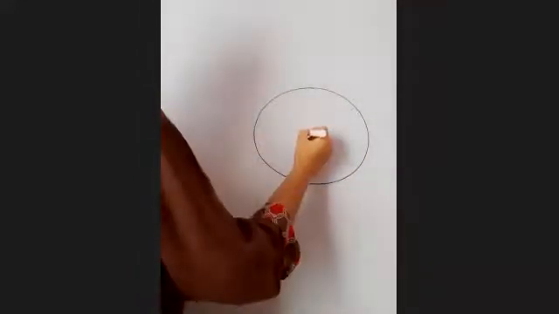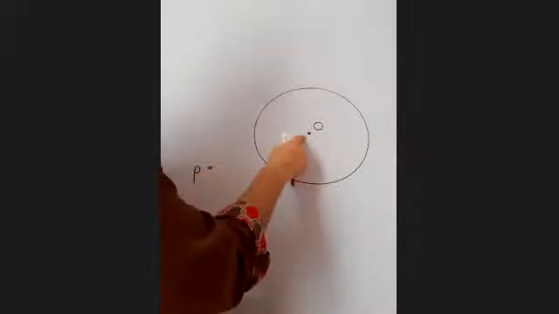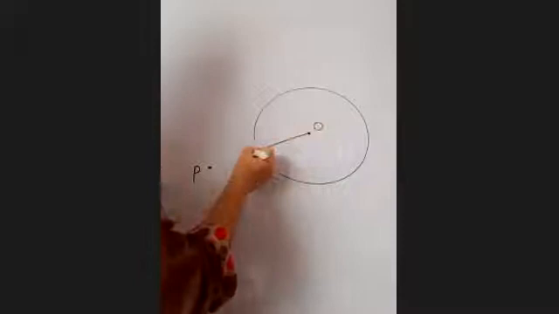The next question is: you have a circle with center O and any point P exterior to the circle. The distance of this external point from the center is 25 centimeter.